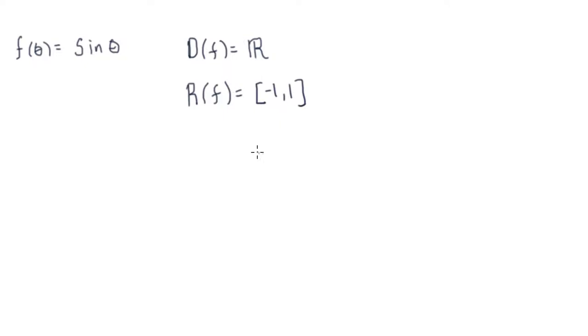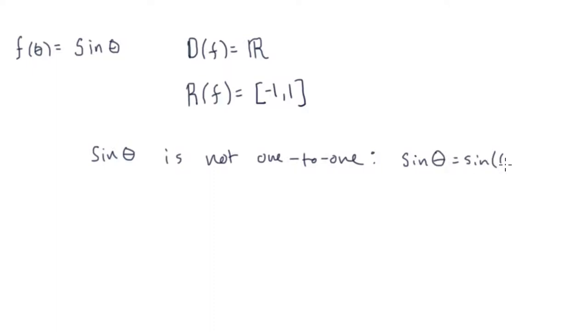So let's think about sine theta and whether or not it has an inverse, whether or not it's 1 to 1. Well, notice right away that sine theta is not 1 to 1. And again, if you think about the picture of the unit circle, it should be clear that sine of theta is going to be equal to sine of theta plus 2 pi.